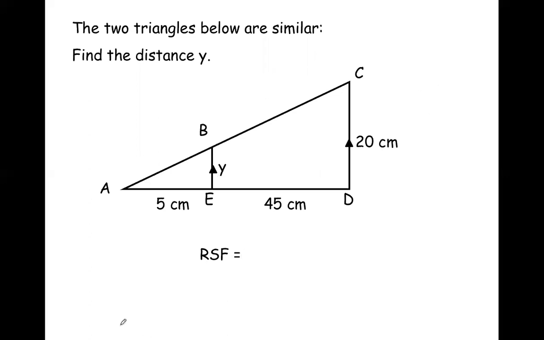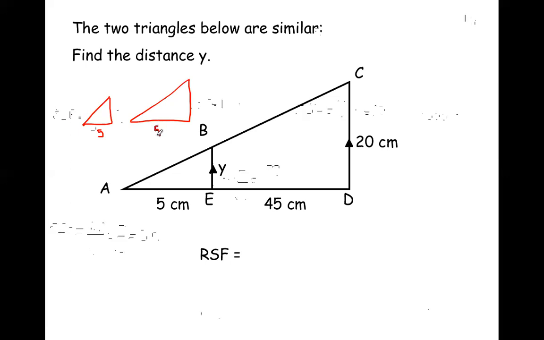So what I would suggest is draw the two triangles, the small one with 5 centimeter here, and the bigger triangle. You've got 5 plus 45, which is 50. So that's why it's better to draw them separately.